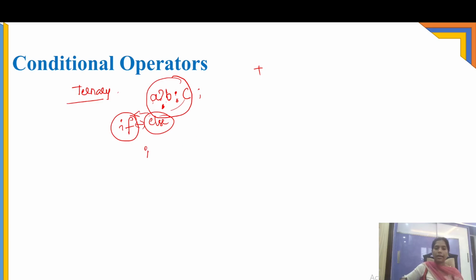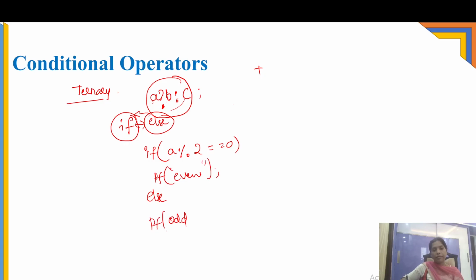See, let's take an example. Let's check whether the number is even or odd. To write a program for this, what we usually write is: if A modulus 2 equals 0, it is even, else odd. We will write this with printf. Now the same thing we will write using the ternary operator.